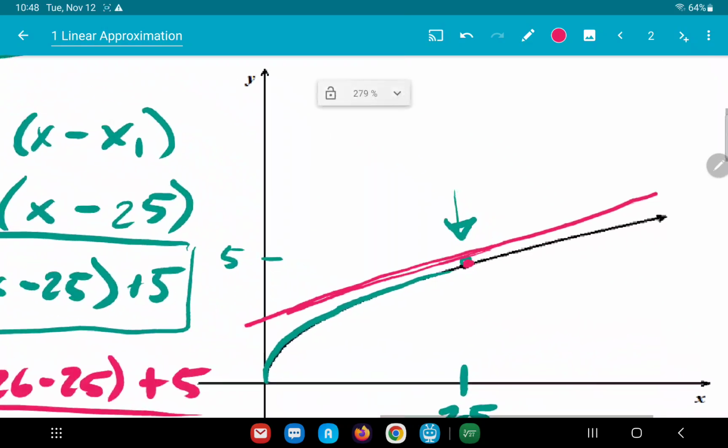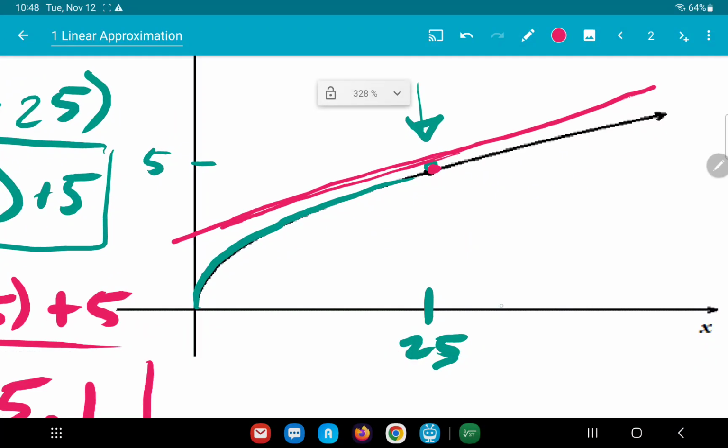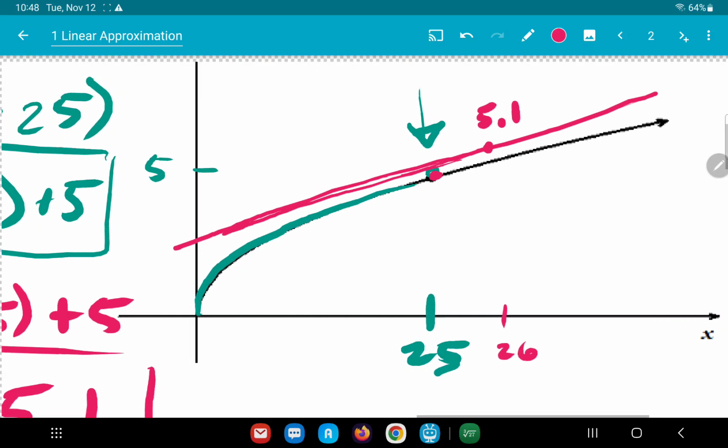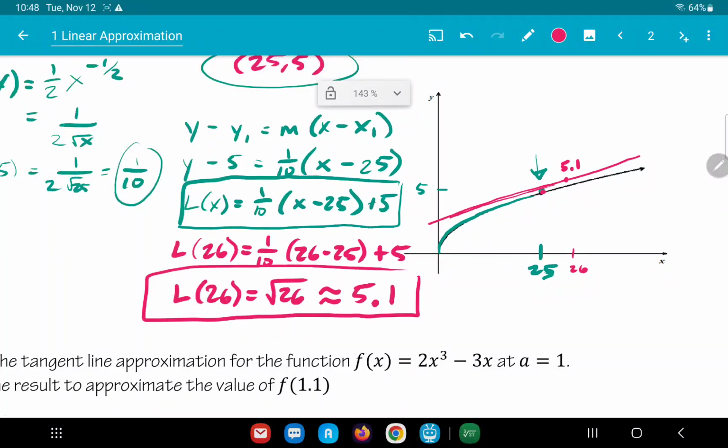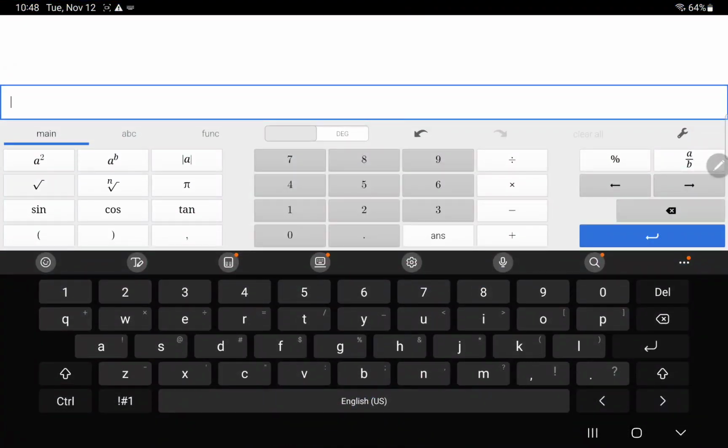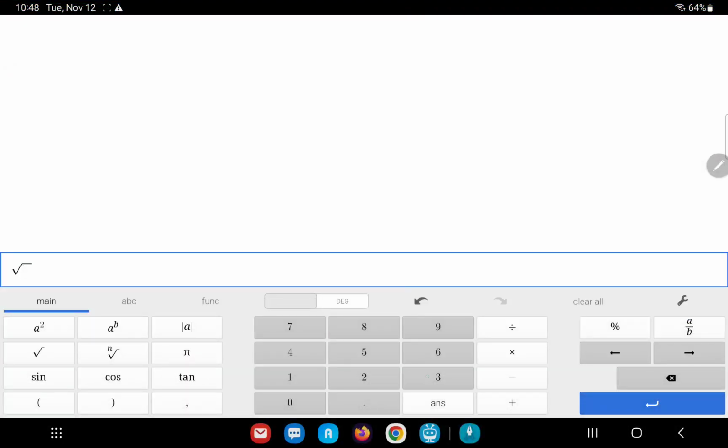So what it's saying is if I were to look at 26 here, this is the value of 5.1. Now, what is the actual value? Are we pretty close to the approximate value? Let's take a look at our calculator and see what happens. If we were to actually do square root of 26, that's a value of 5.099.